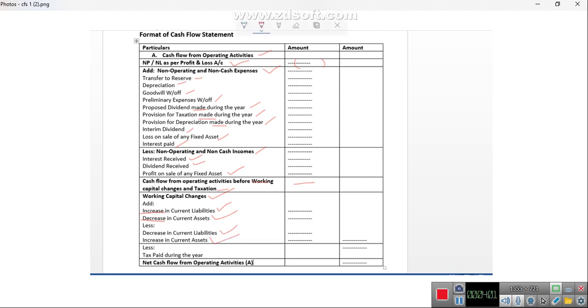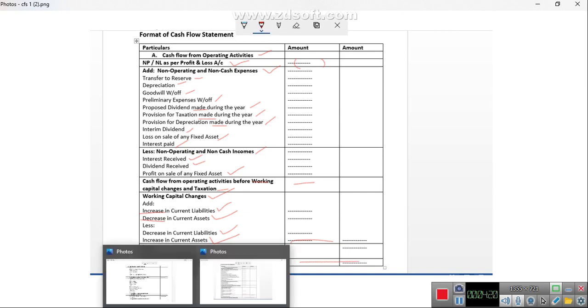After this you will get cash flow from operating activities after working capital changes. Then deduct taxation paid during the year, and then you will get cash flow from operating activities, which is the first component.